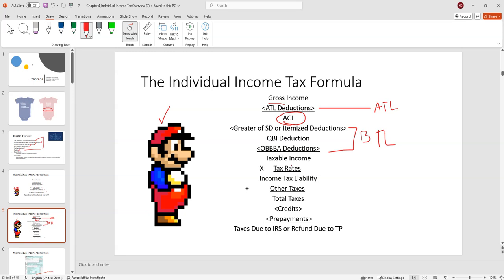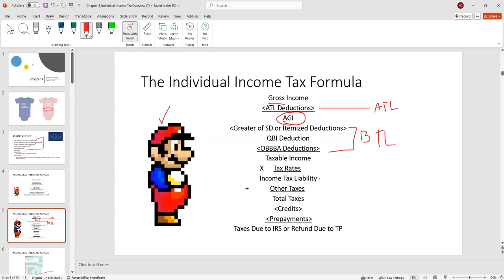You multiply it by the tax rates. You go to little tables, you play Battleship. That gets you what you owe, your regular income tax liability. To that, you will add other taxes, things like self-employment tax, kitty tax. We'll talk about what those are when they come into play.